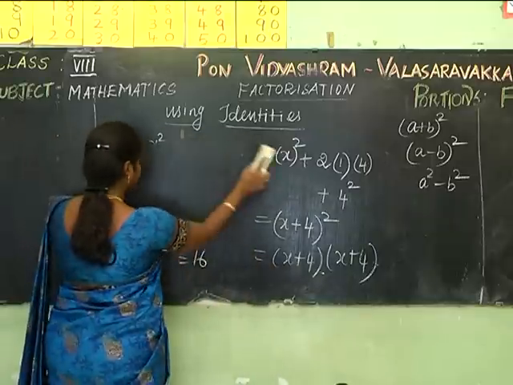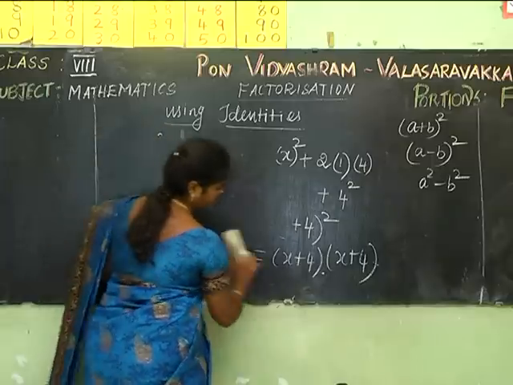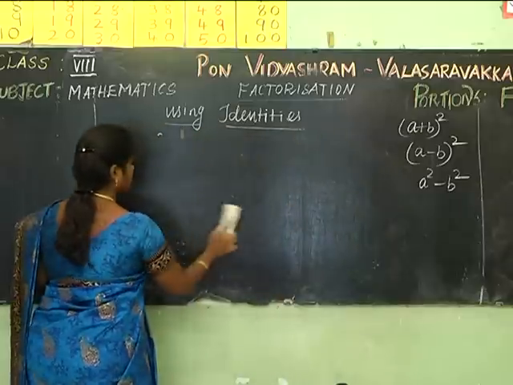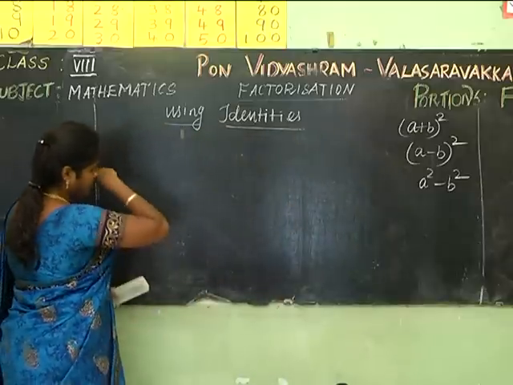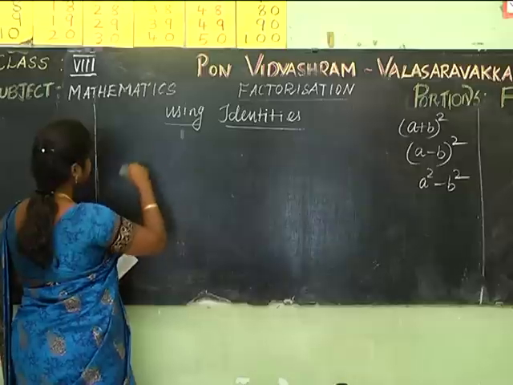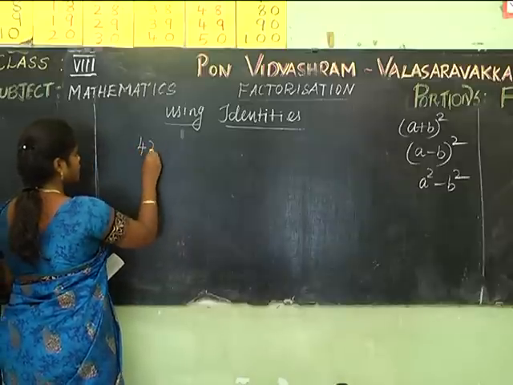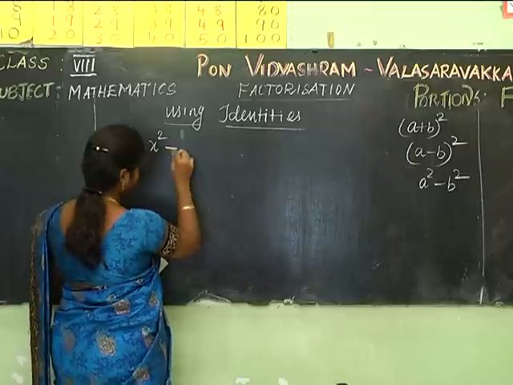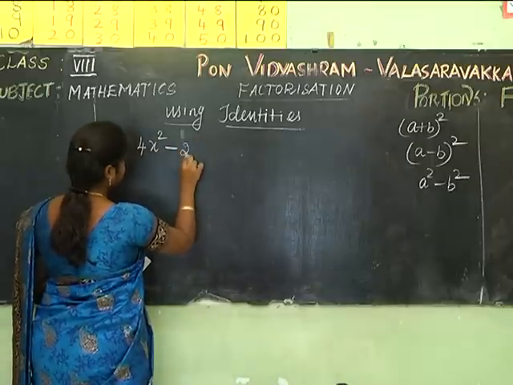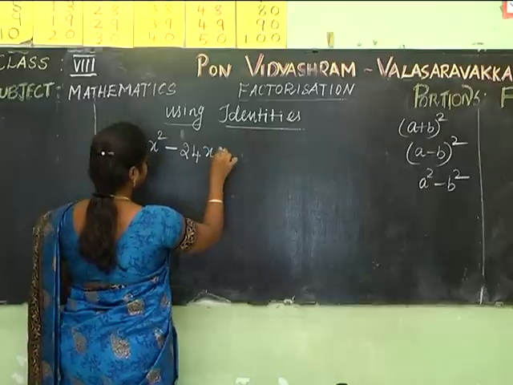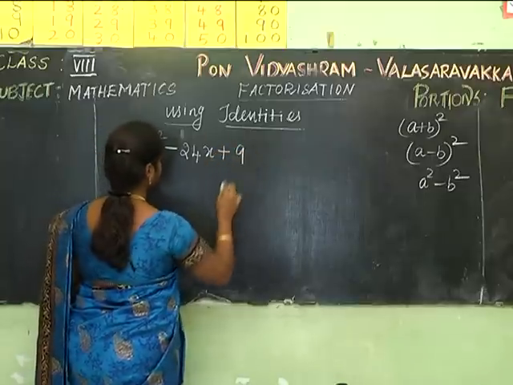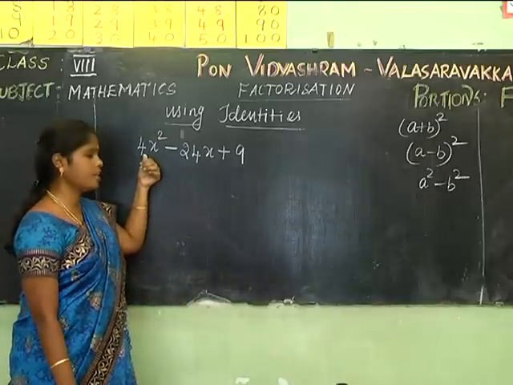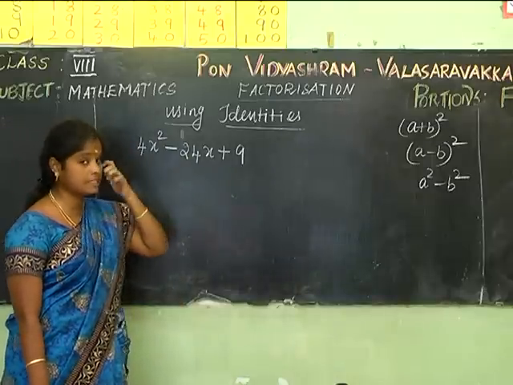I'll give one more example. See, this is the given expression: 4x square minus 24x plus 9.